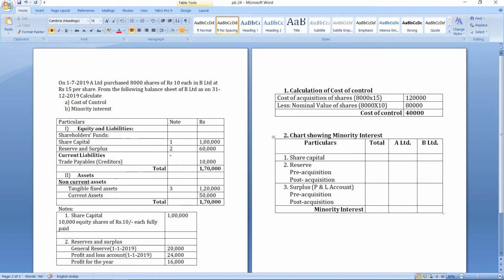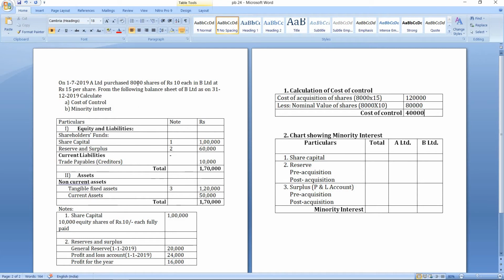Now moving on to our next calculation, that is calculation of minority interest. To calculate minority interest, first we have to find out the ratio of holding company and the minority shareholders. We can find that using the number of shares acquired by the holding company. The number of shares acquired by holding company is 8,000 shares. Actual shares are 10,000.